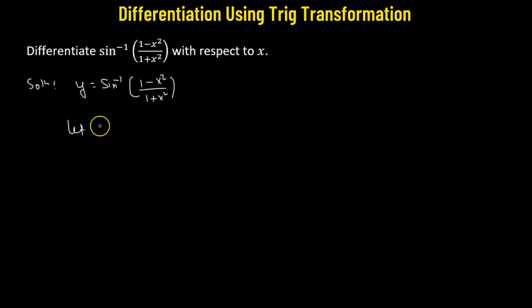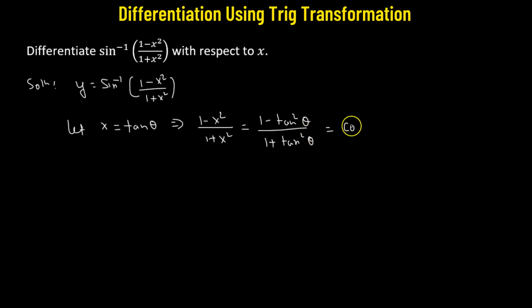Here we will consider x to be equal to tangent of theta, such that (1 minus x squared) divided by (1 plus x squared) becomes equal to (1 minus tangent squared theta) divided by (1 plus tangent squared theta). And we have already done this. This is equivalent to cosine of 2 theta. So that means y will be equal to sine inverse of cosine of 2 theta.